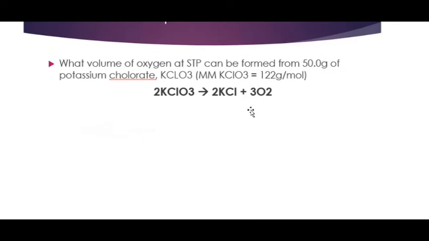What is the volume of oxygen at standard temperature and pressure that can be formed from 50 grams of potassium chlorate? So, gusto natin ma-convert ito, 50 grams of potassium chlorate to oxygen volume.